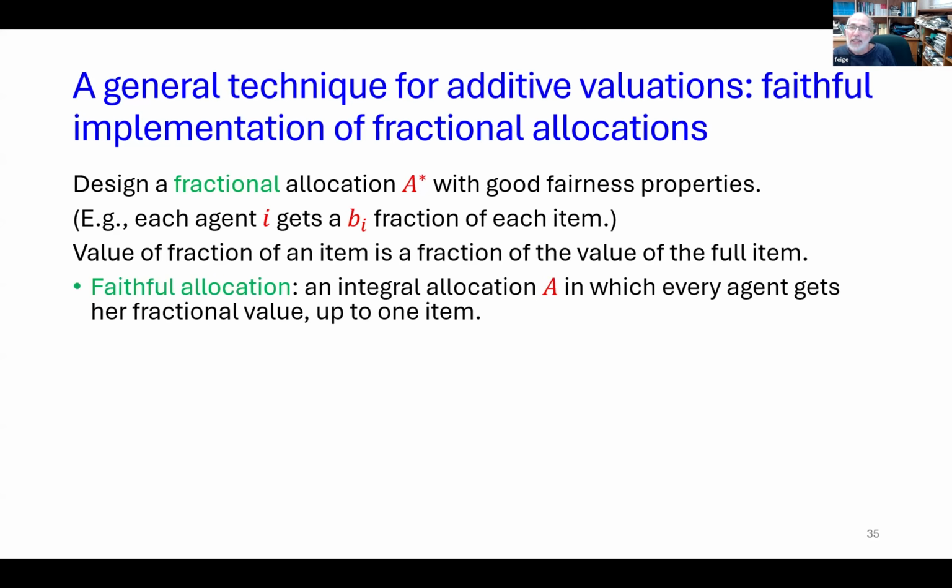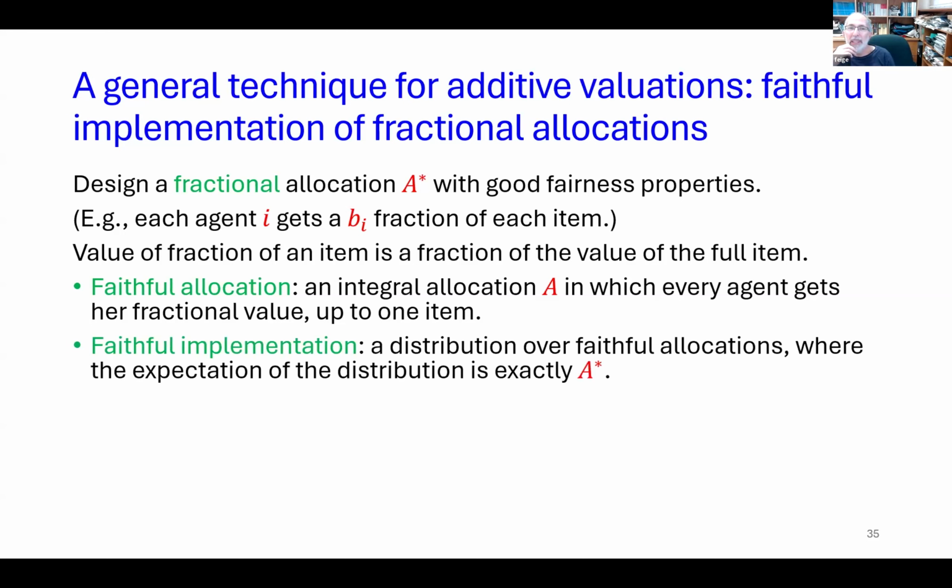So a fractional allocation is not a legal allocation because we're not allowed to subdivide items. An allocation is faithful with respect to this fractional allocation if it's an integral allocation in which every agent gets a value equal to the value that she gets in the fractional allocation, up to one item. Like rounding the fractional allocation to an integer allocation, one agent, in a sense, got one item more or one item less than what the fractional value would dictate.